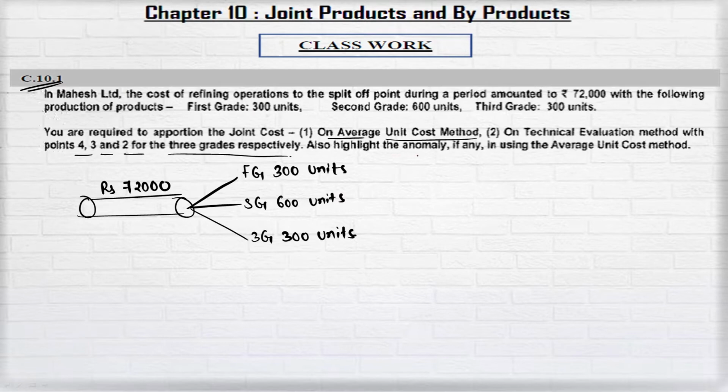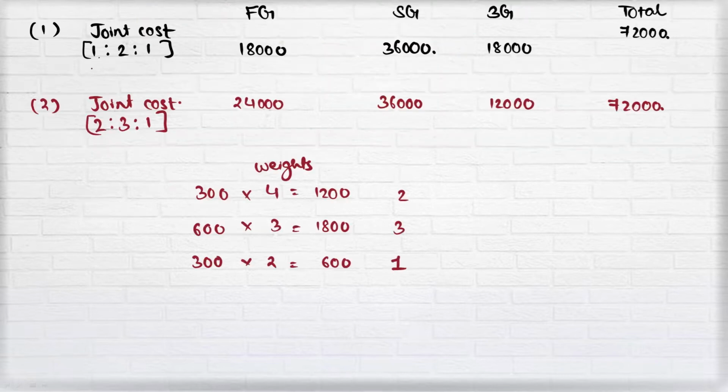Also highlight the anomaly, if any, in using the average unit cost method. So is there any loophole if we use average unit cost method? The answer is yes. If we use this method, we are giving weightage only to number of units and we are not giving weightage to value of the product, right? See, this is by name.